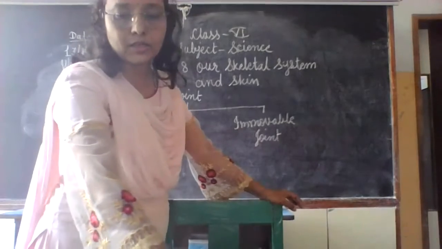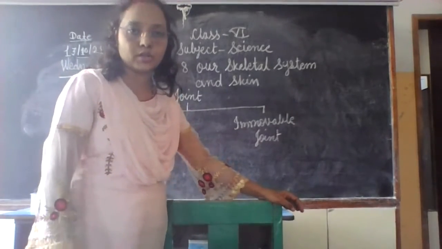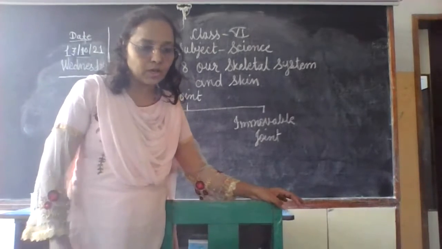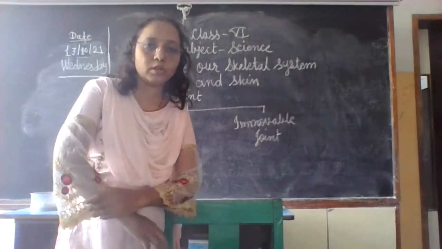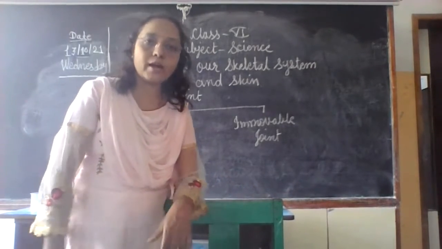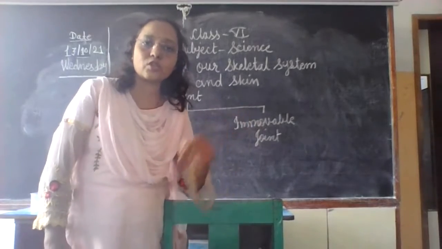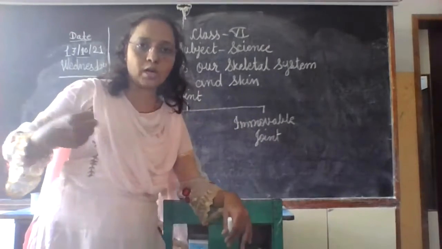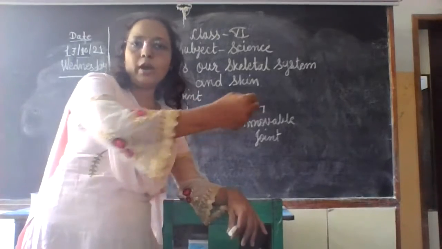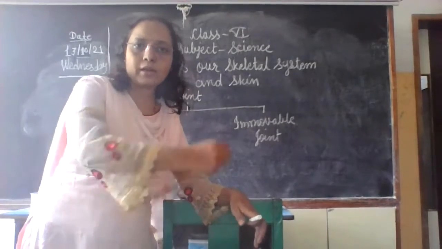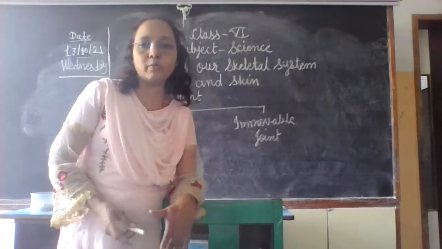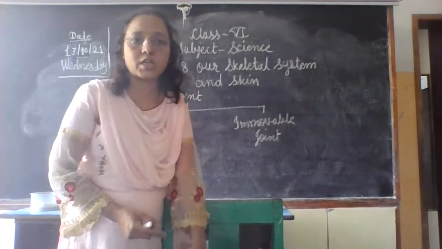First is the hinge joint. Hinge joint means this type of joint allows the movement of bone only in one direction, like the hinges of a door. You know the hinges of the door, when you open the door, it shows only to and fro movement, back and forward movement. So the hinge joint shows movement only in one direction.